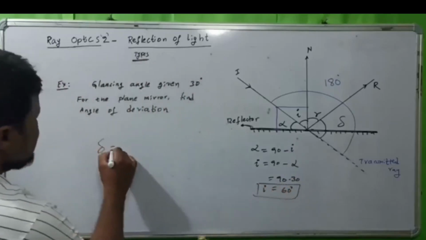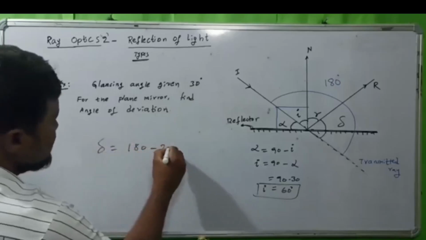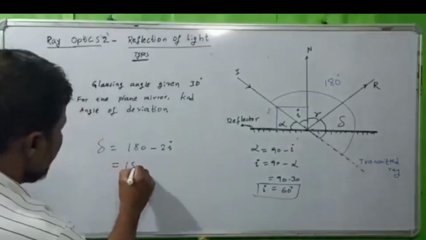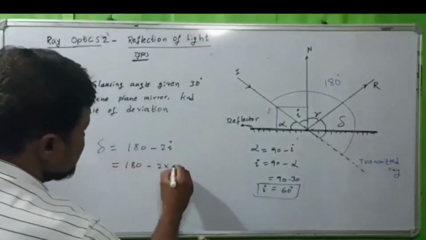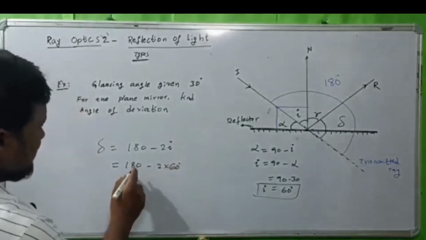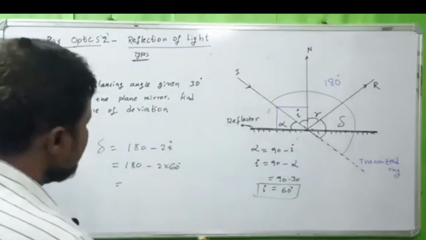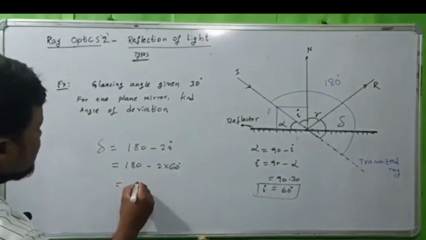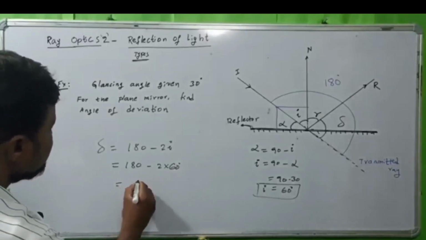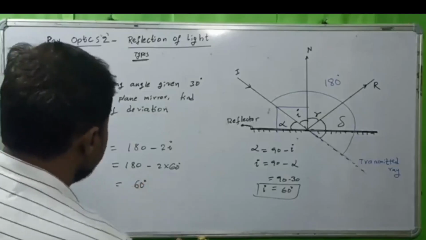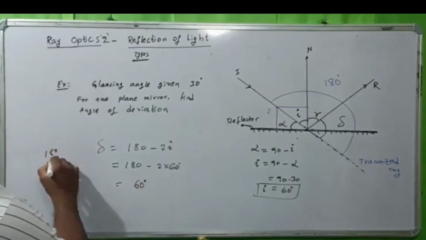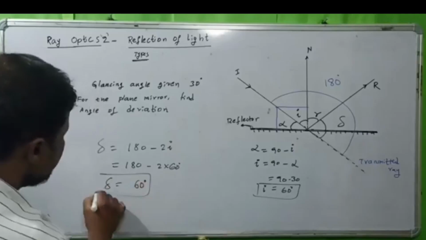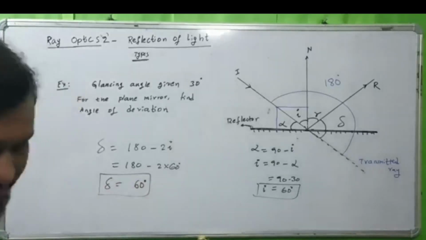But I know delta is equal to 180 minus 2I. So 180 minus 2 into 60 degree, that becomes 180 minus 120, so finally this becomes 60 degree. So the angle of deviation is 60 degree.